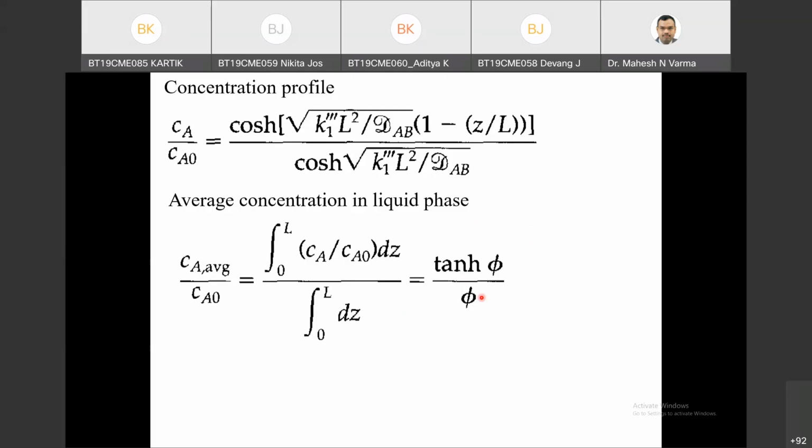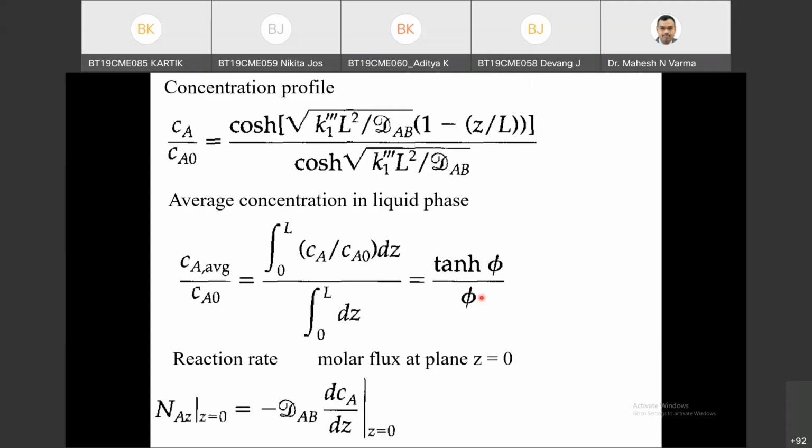So this is hyperbolic tan of phi divided by phi, that will be the average concentration, and the rate of consumption will be NaZ. NaZ will be DAB into dCA by dZ, the reaction rate at Z equals 0.